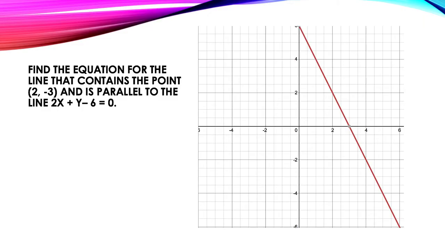All right, so let's look at an example. We want to find the equation for the line that contains the point (2, -3) and is parallel to the line 2x + y - 6 = 0.